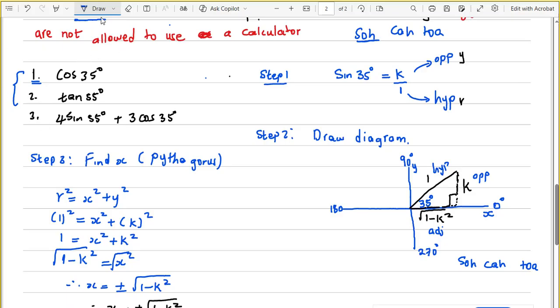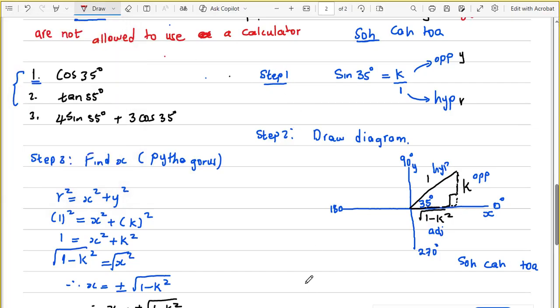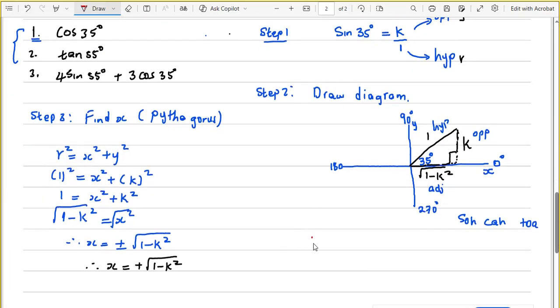So now the cos 35, that's what we need to find first. Let me answer the first question. Number 1, the cos 35 equals adjacent all over hypotenuse. If this is my 35, this will be my opposite, which will make this my adjacent.